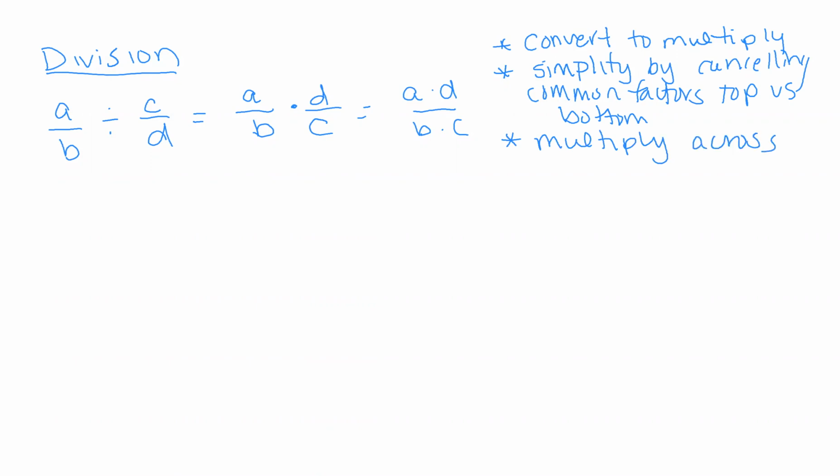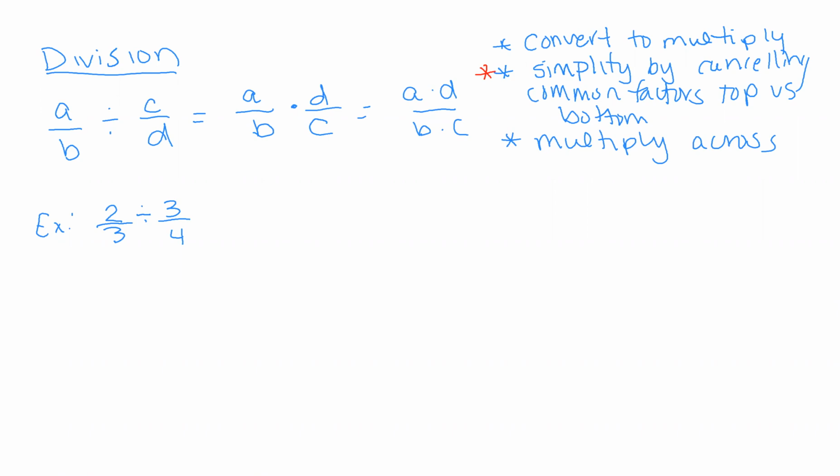So let's look at some examples. We'll start really easy. Let's say we have 2/3 divided by 3/4. Now your gut instinct would tell you to cancel your 3's, cancel your 2 and your 4. You can't do that yet because this is not written as multiplication. The simplifying step cannot happen before you convert to multiplication.